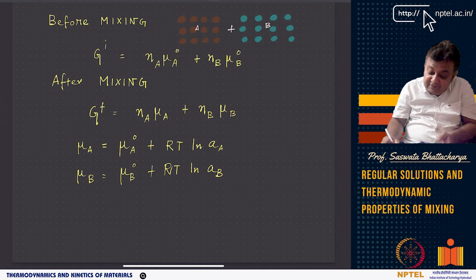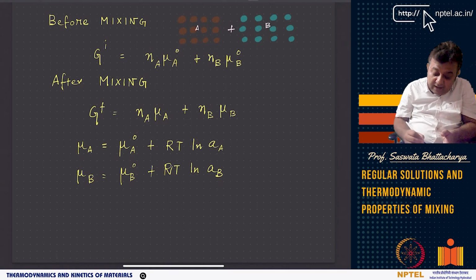The initial state is pure A and pure B, so the initial state before mixing, G superscript I, indicating initial, is equal to Na times mu A 0. This comes from the standard Euler equation at a given temperature and pressure, T comma P. You can write Gi as the free energy of the initial state of this mixture of A and B, just before mixing.